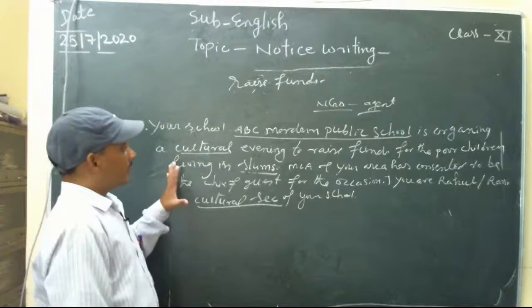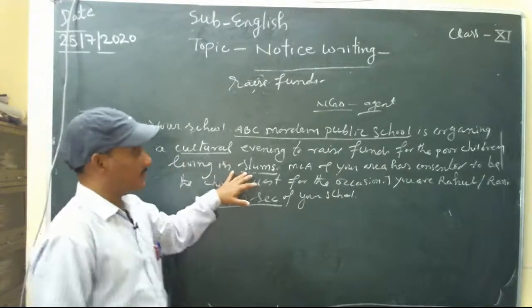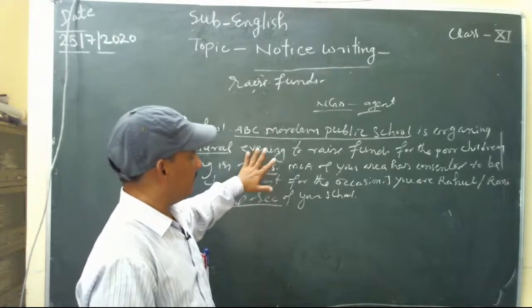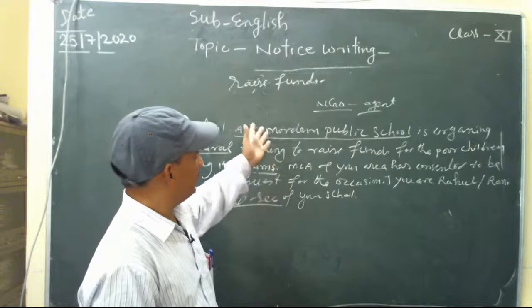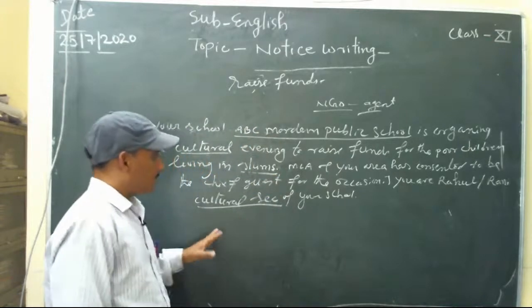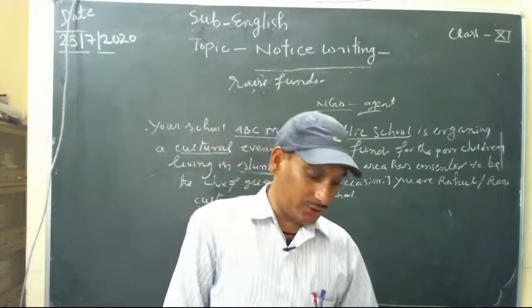So to help the children of the slums, this cultural evening is being conducted by this school. Here it doesn't mean they will entertain these poor children. The objective is not to entertain.